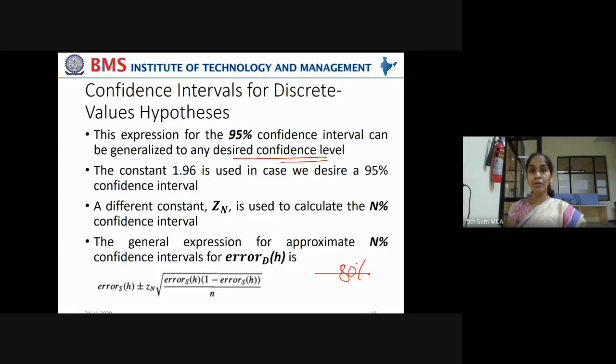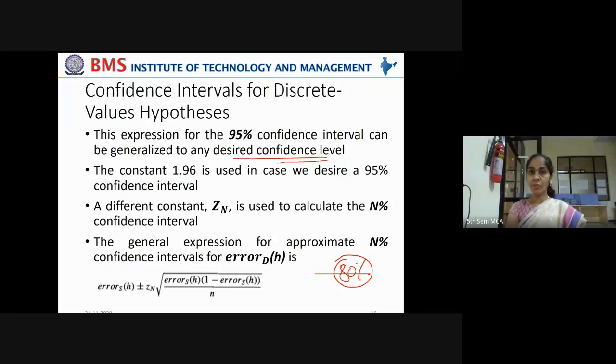But 80% of the time I am confident that my model gives the same sample error as well as the true error. Means 80% of the time my machine learning model will perform well with the unseen data also. Did you understand now? That is called my confidence interval. Here my confidence interval is 80%.